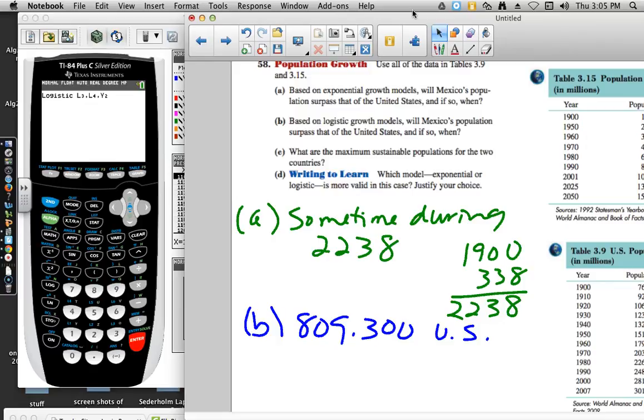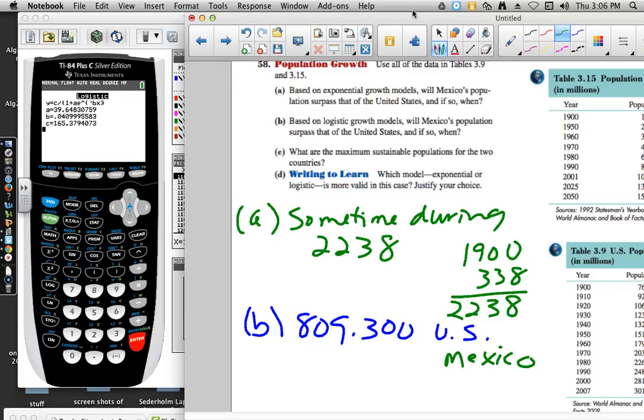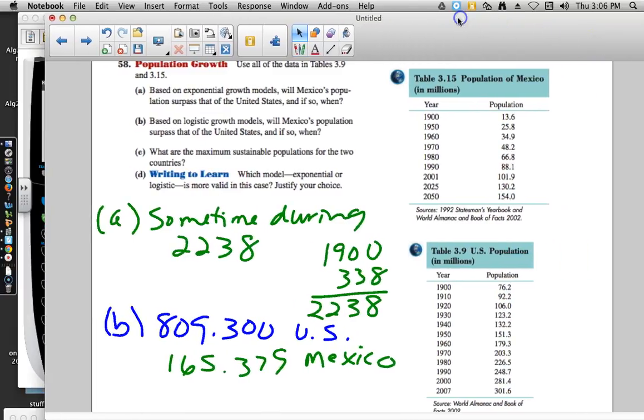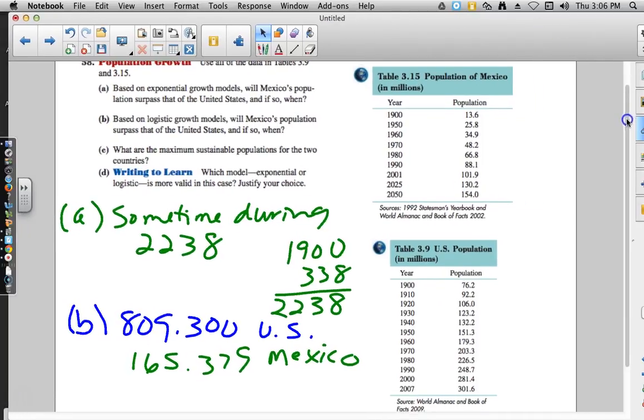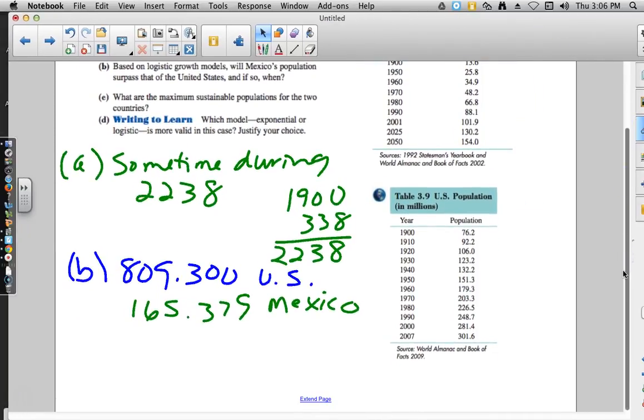Again, takes a little bit for the calculators to get us all of that good math. And we see that for Mexico, that maximum sustainable limit is 165.379. So we found our answer. We're never going to see the Mexico population surpassing that final amount up there.